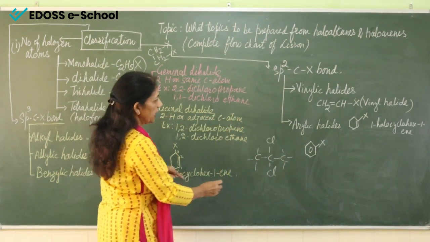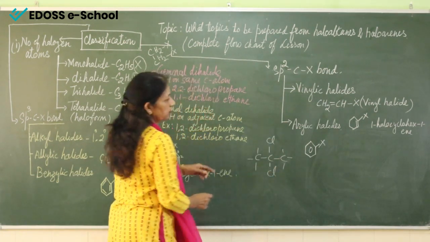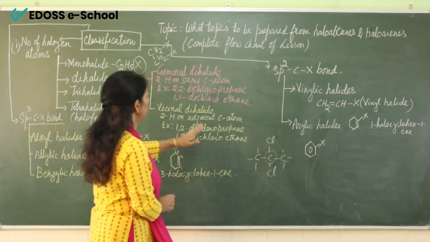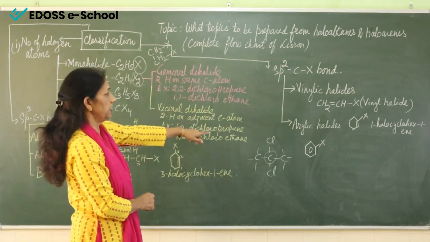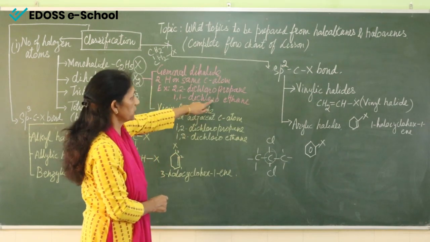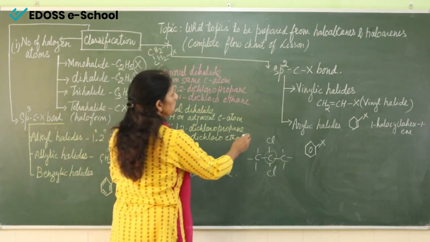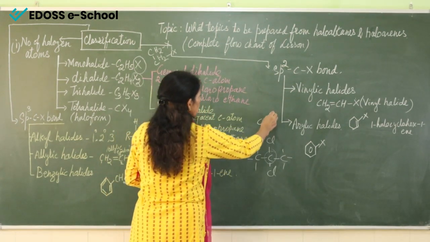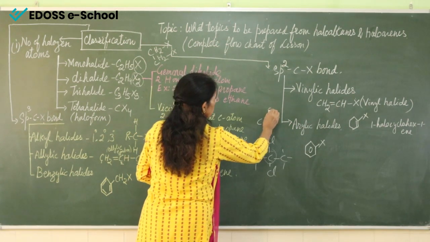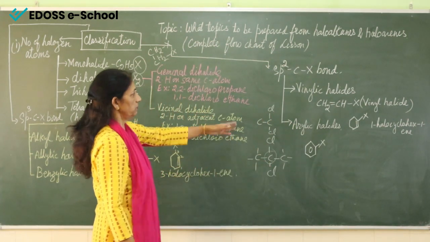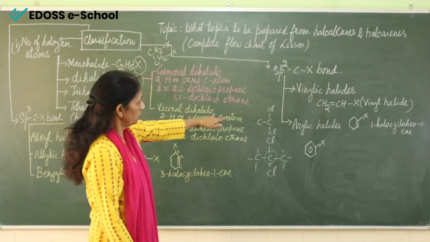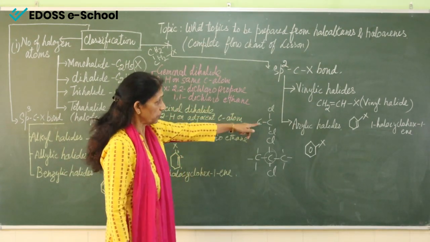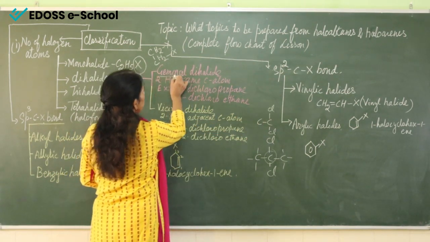So geminal dihalide means both the halogens or halides are attached on the same carbon atom. Similarly, if it is ethane, which means 2 carbon atoms, and on the first carbon atom 2 halogens, it can be Cl, it can be Br, anything. On the same carbon atom, if 2 halides are present, then they are known as geminal dihalide.